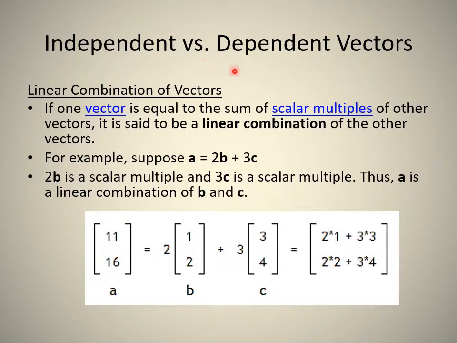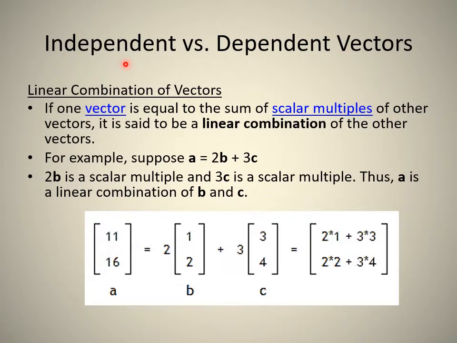Versus dependent vectors, where a specific vector, and that could be a column or a row, is dependent on another one or more than one. So obviously the elements in this dependent vector, one can deduce that these elements were derived from the elements of other vectors.